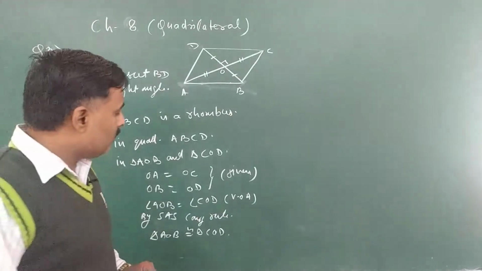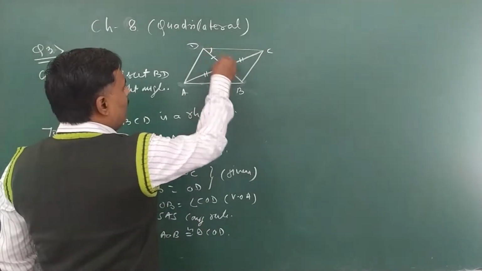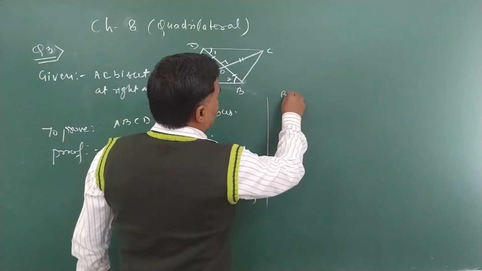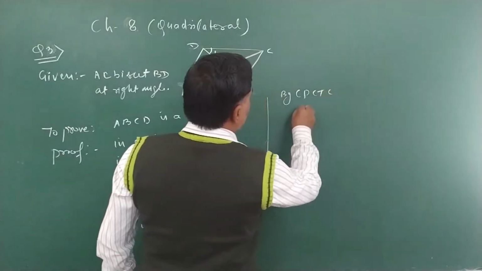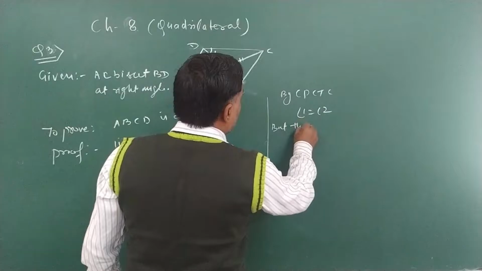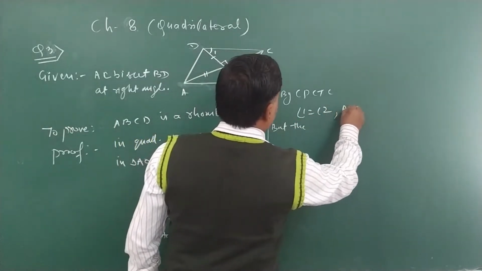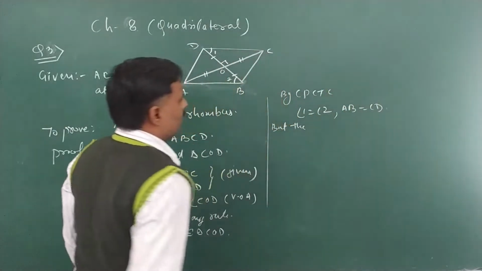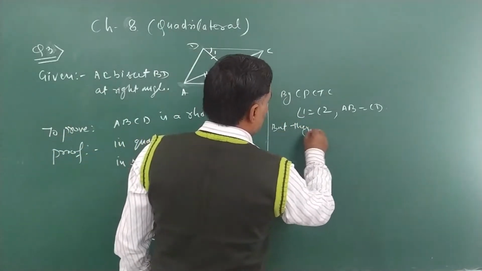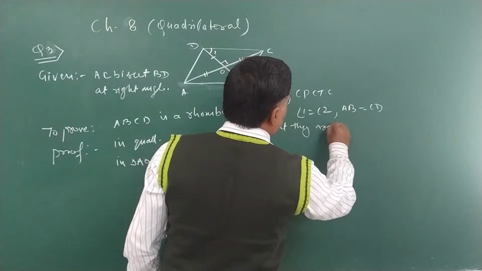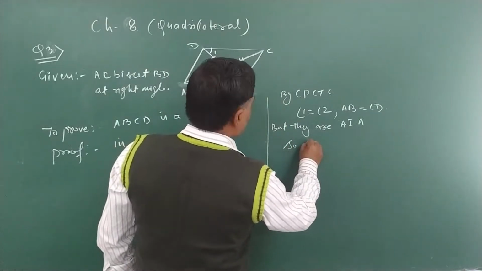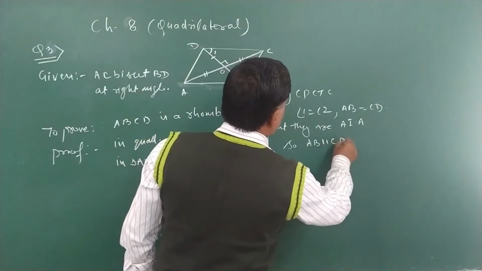Now these two triangles are congruent. So we can say angle 1 is equal to angle 2 by CPCTC. And I'm writing here AB is equal to CD also. If angle 1 and 2 are equal, but they are alternate interior angles, so we can say AB is parallel to CD.